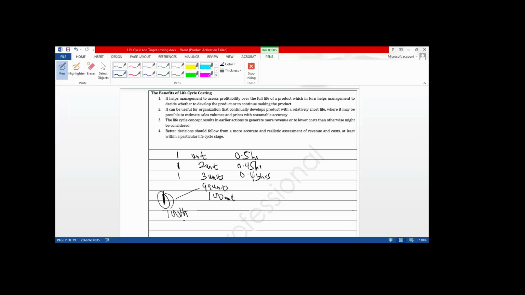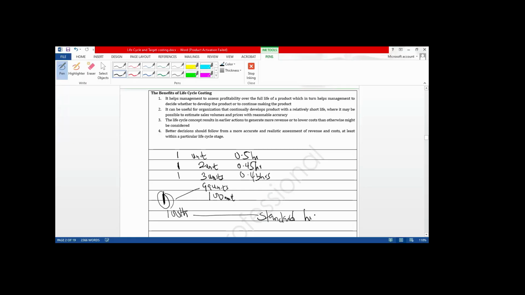Examiner says after this, you are no longer learning. That means after you have completed this production, you have stabilized, you have gotten the standard hour.